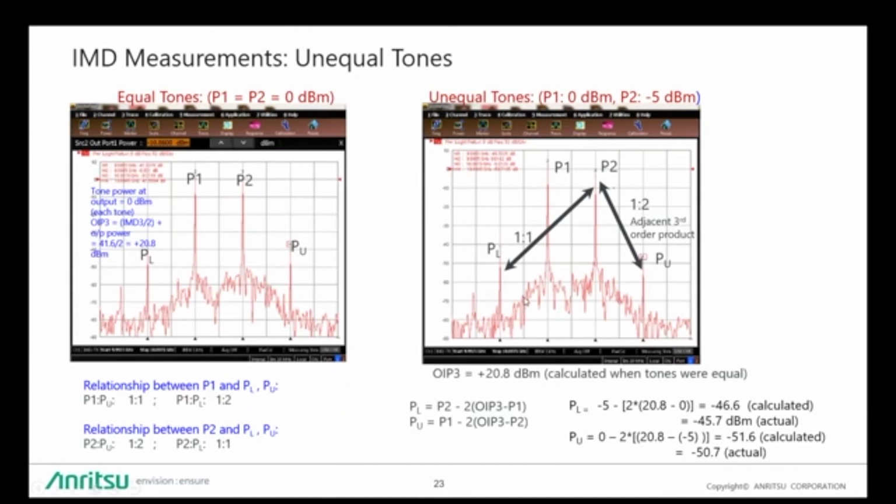At the same time, the relationship of P2 to PL, the lower product, is 1 to 1. In other words, if I vary the power of P2 by 1 dB, the power of the lower product is going to vary dB for dB, which is a 1 to 1 ratio.